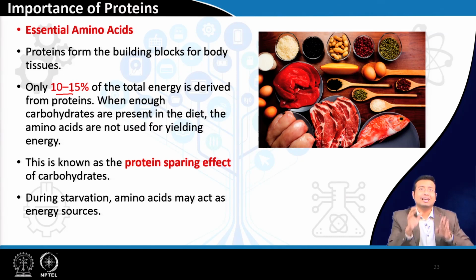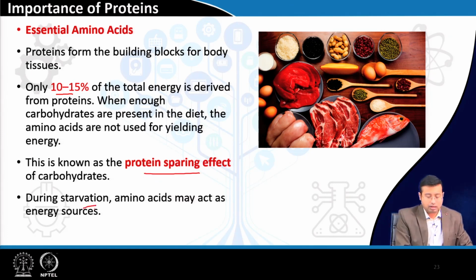However, when adequate carbohydrate is present in the diet, the amino acids produced by breaking down of protein are not utilized to form energy. They are utilized either to synthesize proteins or to synthesize other non-essential amino acids. This is known as the protein sparing effect of carbohydrate. If you have more carbohydrate, you can spare some protein in the diet.